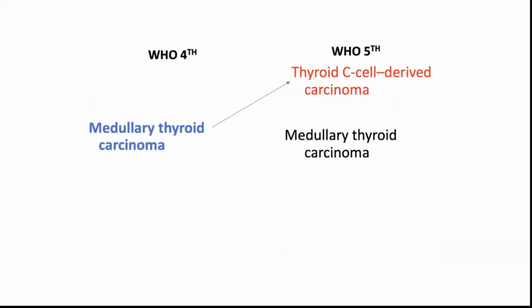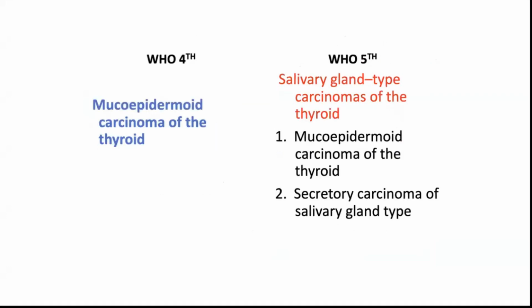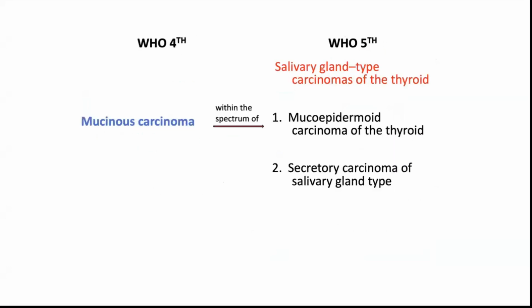It's only that it is put under the C cell derived tumors. Mucoepidermoid carcinoma of the thyroid has been reclassified as salivary gland type carcinomas, with mucoepidermoid carcinoma of thyroid and secretory carcinoma of the salivary gland type. Mucinous carcinoma has come within the spectrum of mucoepidermoid carcinoma of the thyroid and secretory carcinoma of salivary gland type.